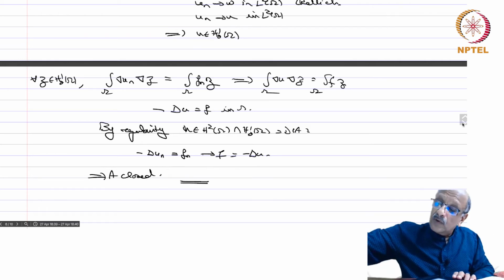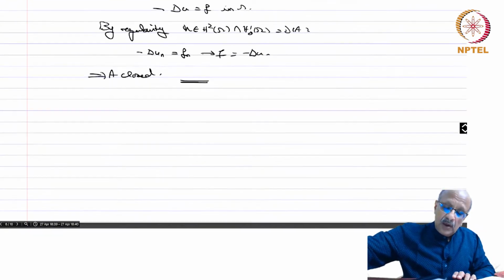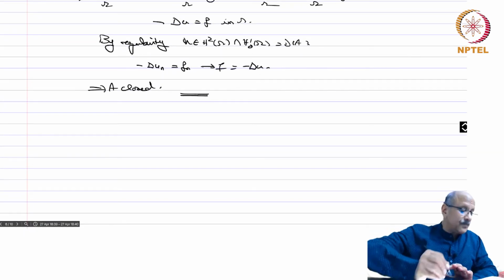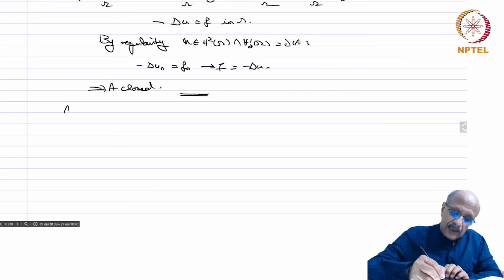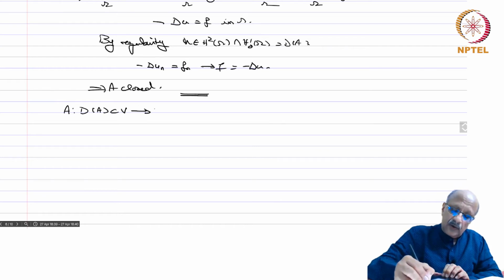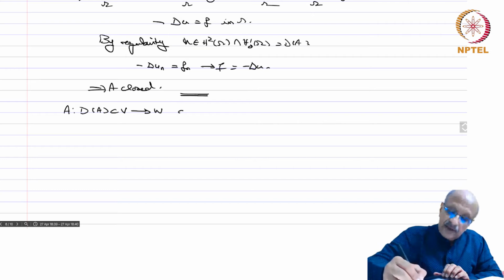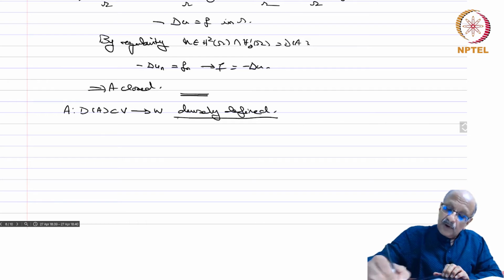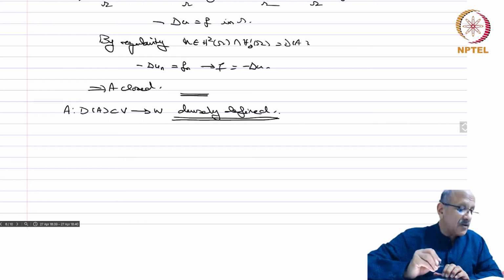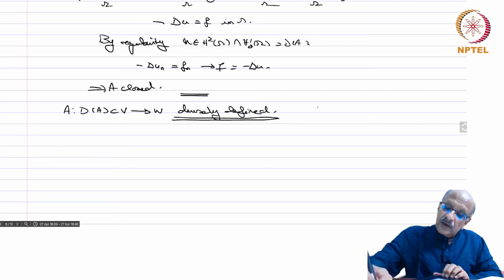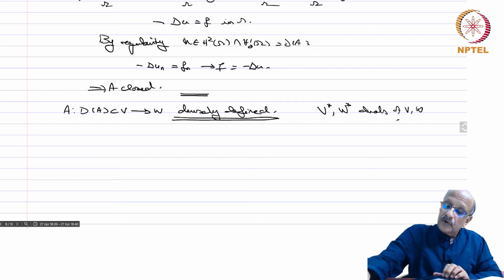So now I want to give a definition which is very important. Let us take A from D(A) contained in V going into W, which is densely defined. This is a very important hypothesis at this moment. Let V star, W star be the duals of V, W respectively.